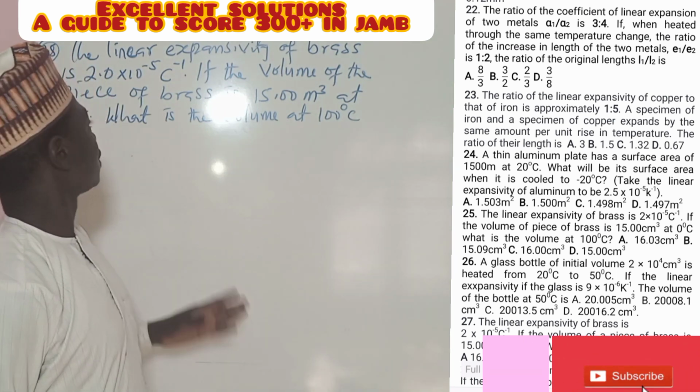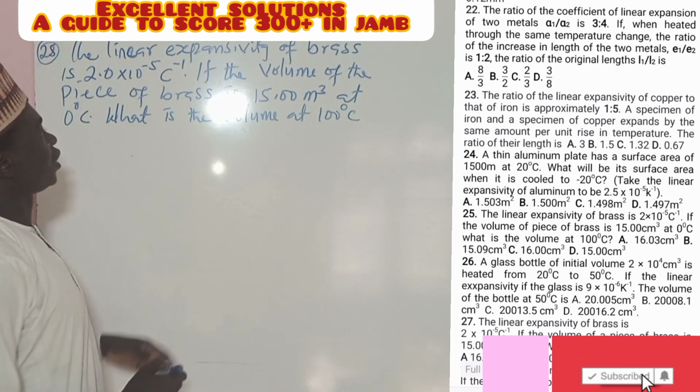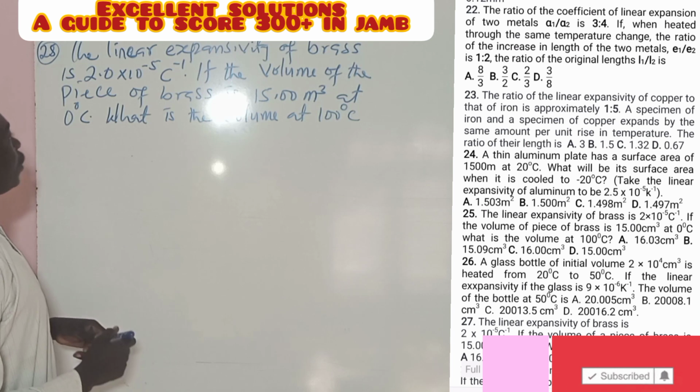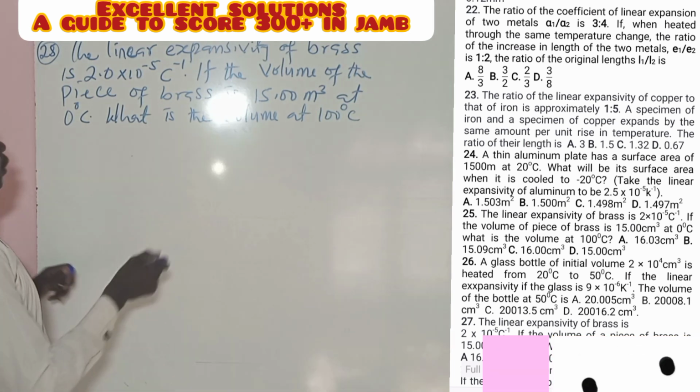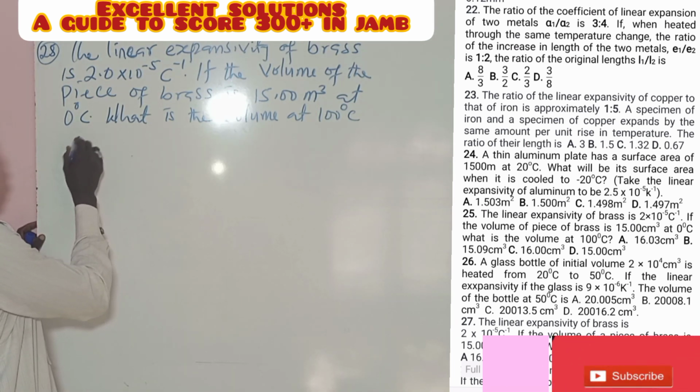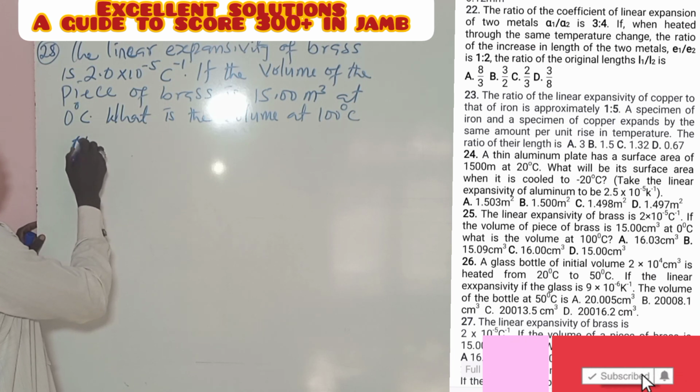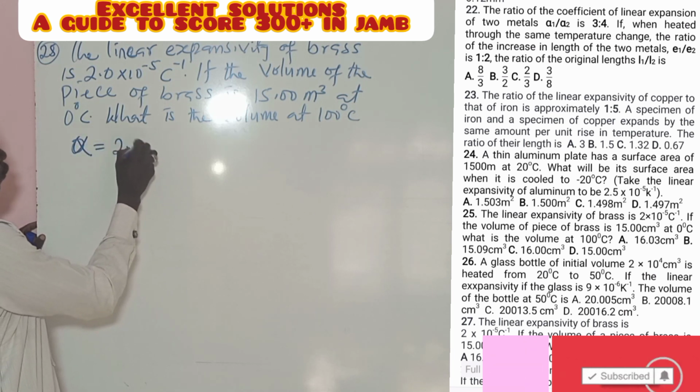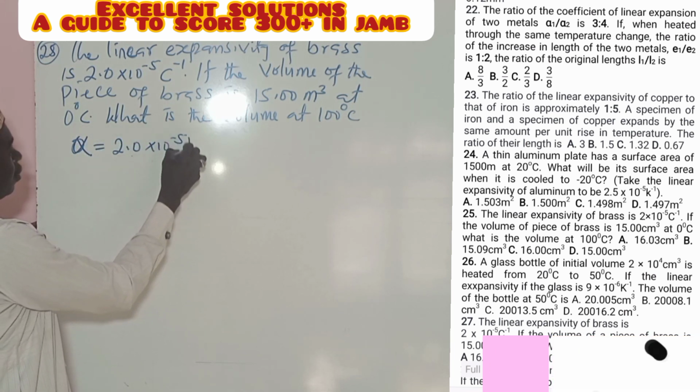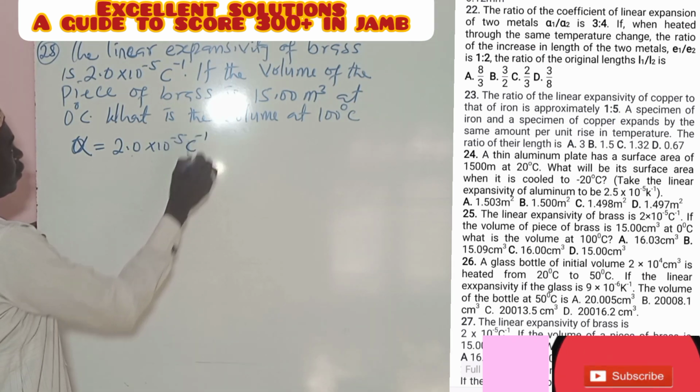Question 25 says, the linear expansivity of brass is 2.0 exponential minus 5 per degree Celsius. So alpha equals 2.0 exponential minus 5 per degree Celsius.